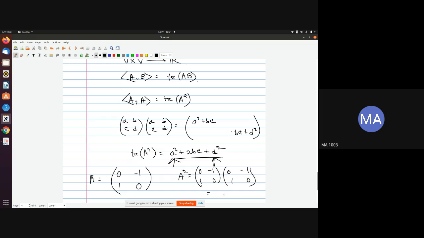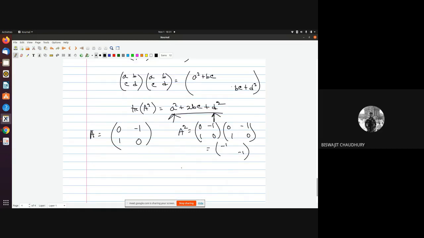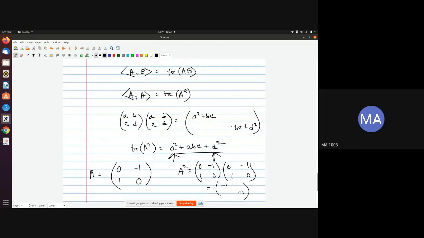This is 0 and -1, and what about this position? -1, right? So what is the trace? -2. Yes, sir, it's negative. So it is not satisfying the first property, right? So this is not an inner product.